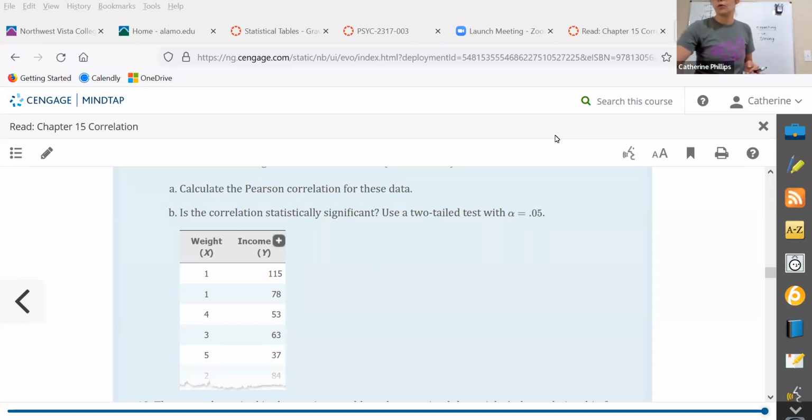Okay, so for step 3, we have two options. We have two formulas, so when we calculate the sum of products, we can either use the computational formula or the definitional formula.